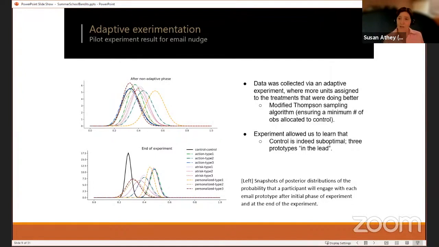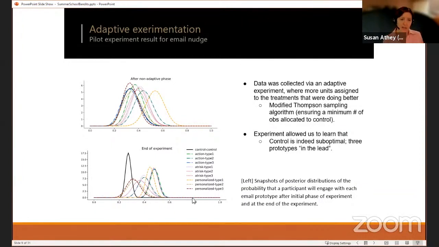And we wanted enough data on the control to be able to compare it, even though the control was expected to be bad. And so we had a bunch of different treatments: different formats of the email, different actions, different ways of expressing how you're at risk, different ways of personalizing.